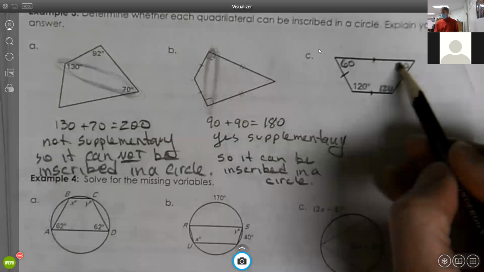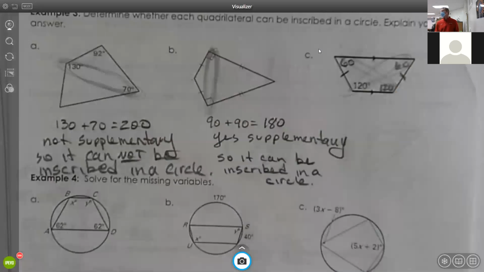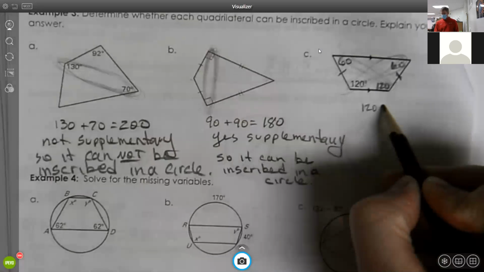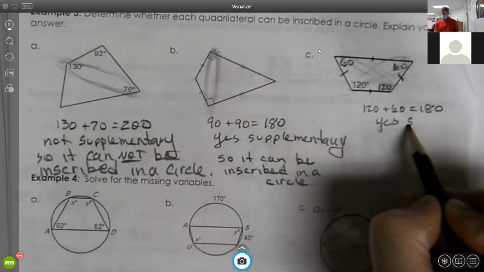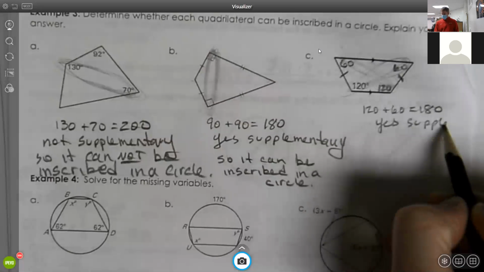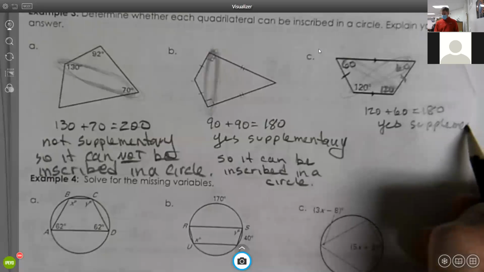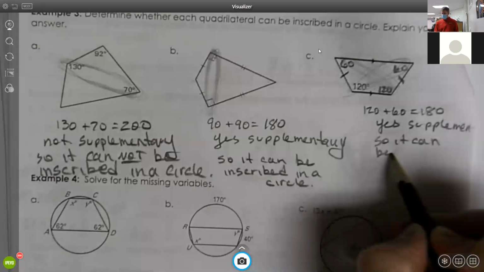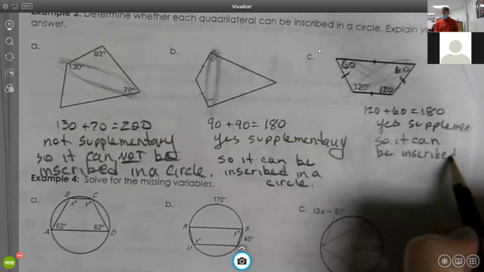So yes, you have two sets of opposite angles that are supplementary. So it can be inscribed in a circle.